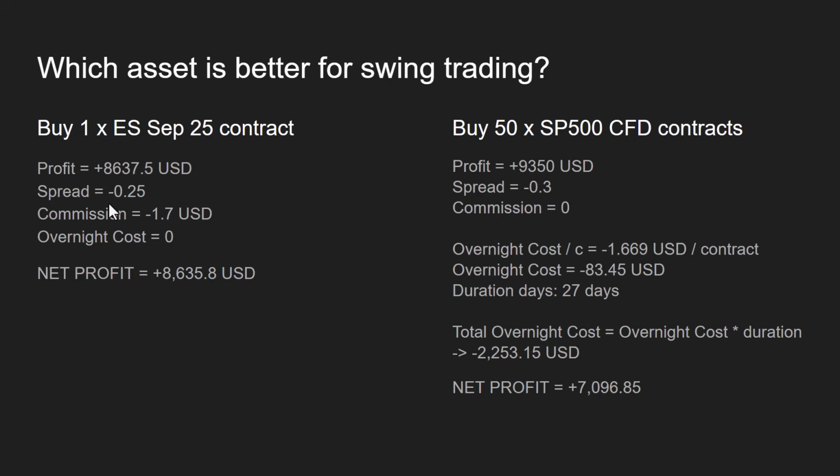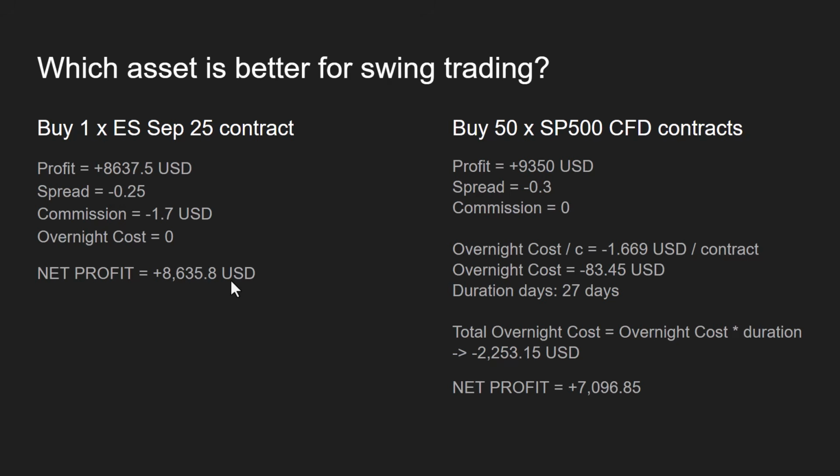The spread on this is about 25 cents, so let's just neglect that. And the commission is just minus 1.7 USD. We're assuming that the overnight cost is zero because we're financing the entire position with our own capital. But in some cases, if the margin requirements are higher, you might also be charged overnight commissions on the futures contract, but they're almost negligible in this calculation.